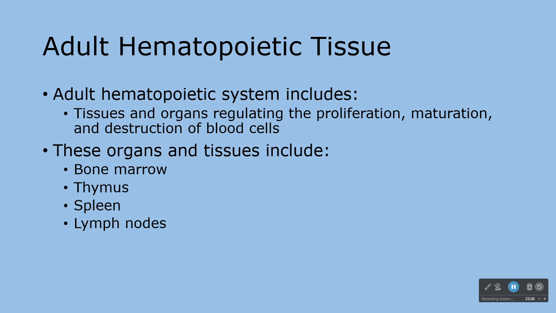The liver can do a not very efficient form of hematopoiesis, but we don't talk about it in adulthood, because it doesn't do that good of a job. But your bone marrow, of course, is your main one. The thymus, because that's where your T cells and B cells, your lymphocytes, mature.